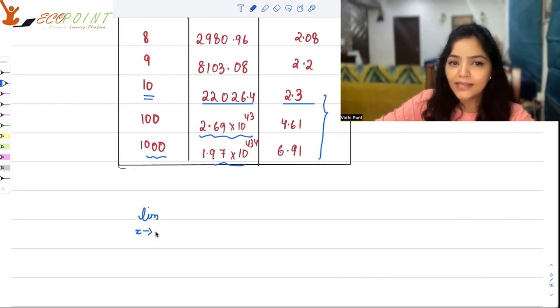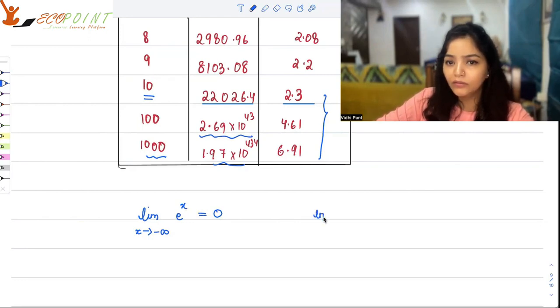So as x approaches minus infinity, e to the power x is almost 0. Since these are inverses, as x goes to 0 from the right, log x goes to minus infinity.